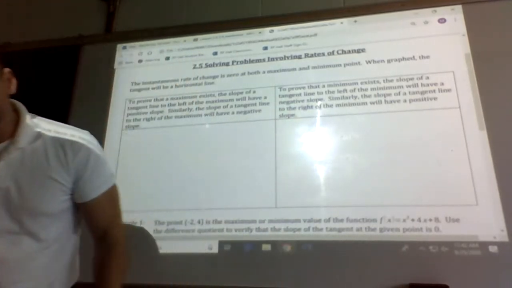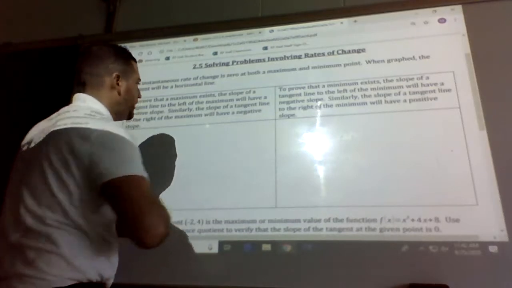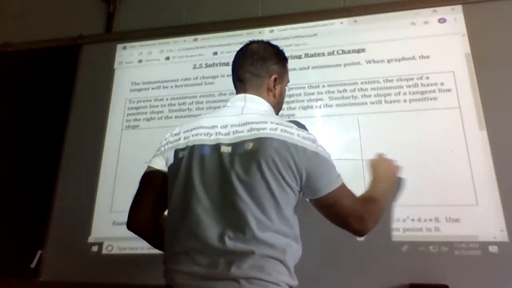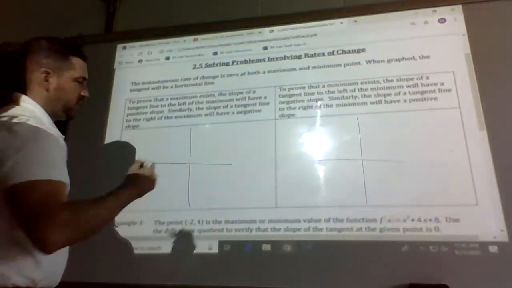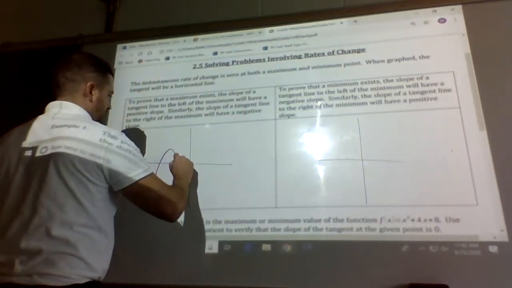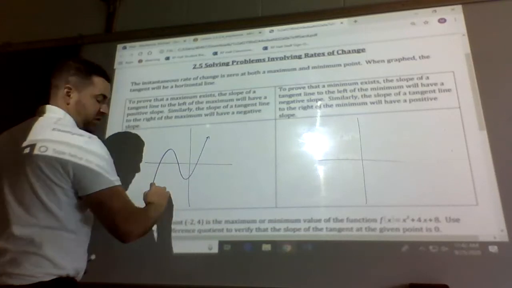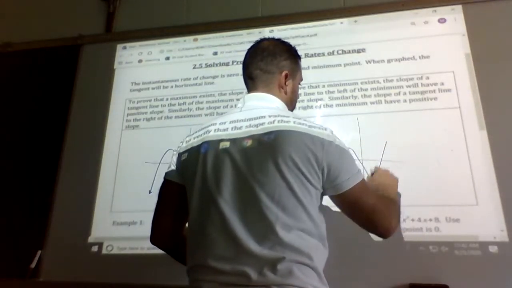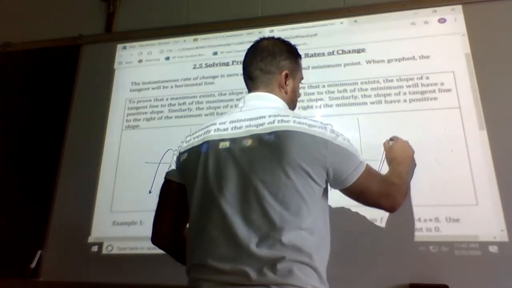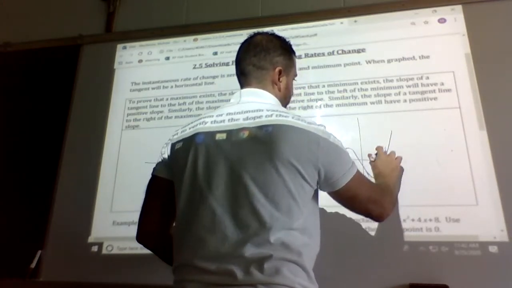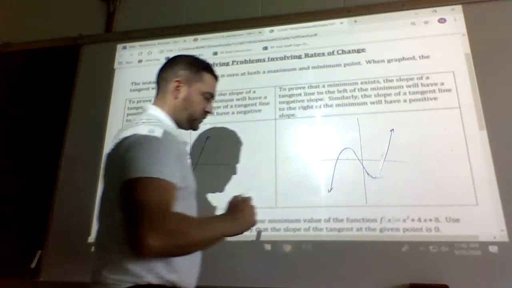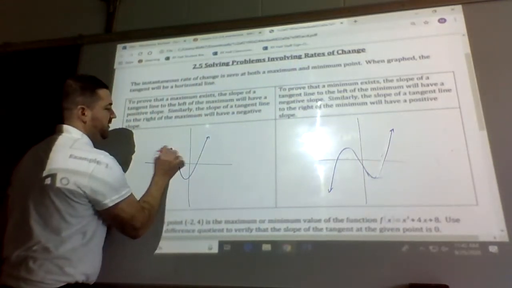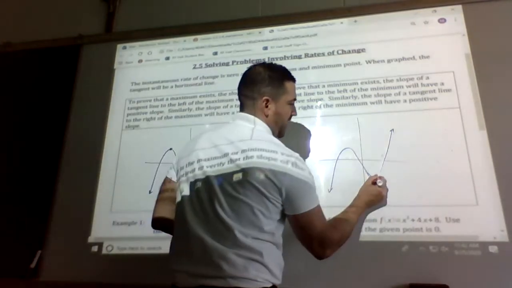So for instance, if I had a graph that looked like such, which would be a cubic function. We have a maximum and minimum value at both points. We have a maximum here, and we have a minimum value here.